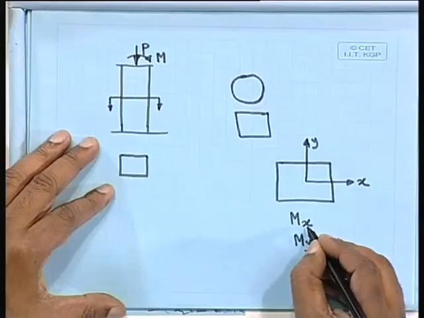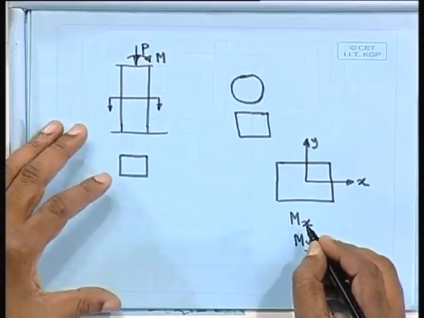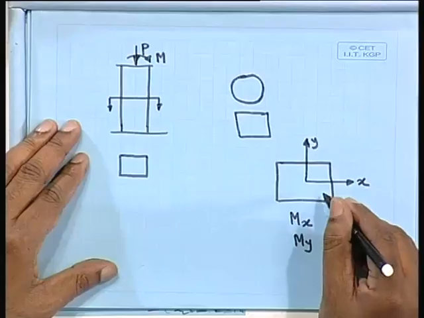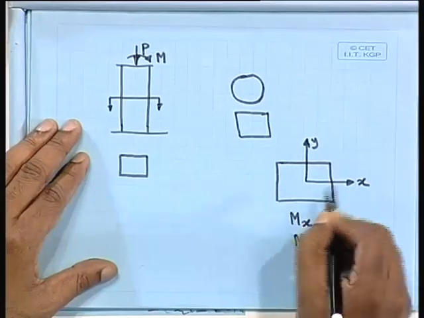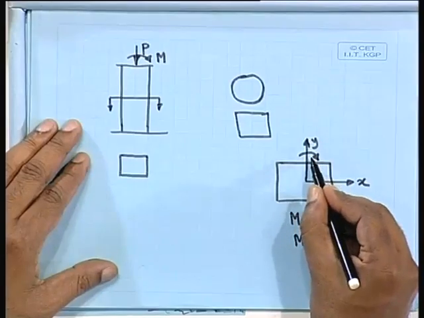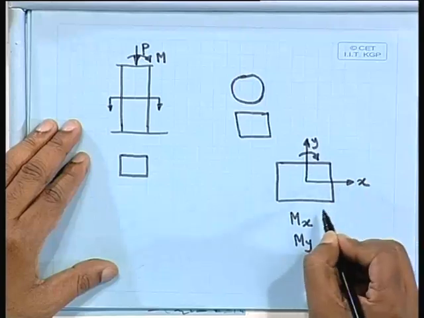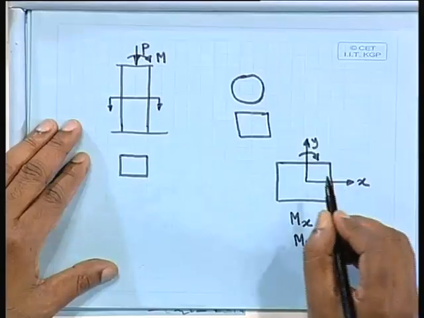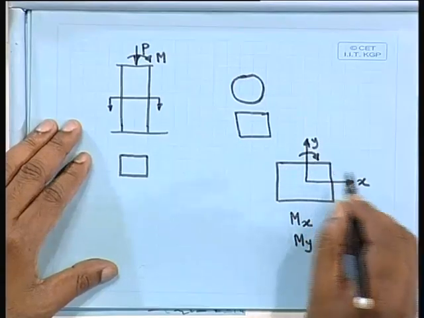When we talk about Mx, the question arises whether that Mx is about y, that means about this particular axis, but acting about y, as if it is along x. The other alternative could be that Mx means about x, but acting in the other direction. So this convention has to be clear.